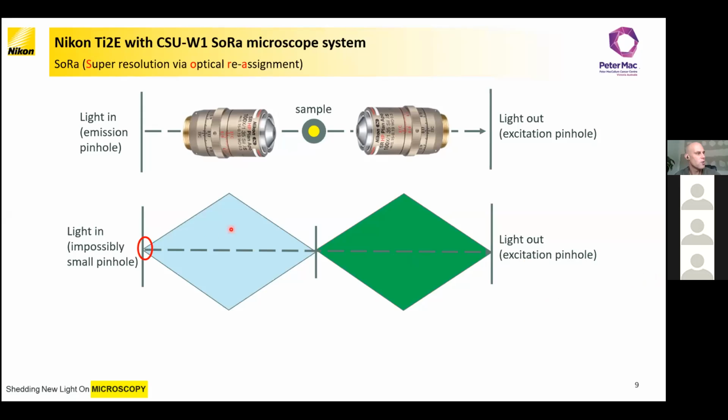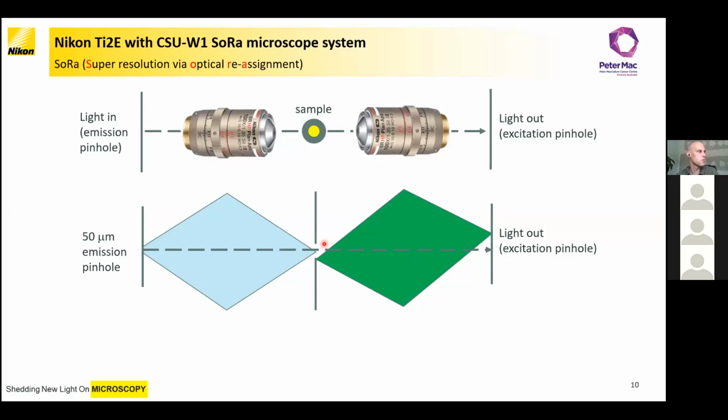Unfortunately, with the perfect scenario, because this is infinitesimally small, the light budget available to image your sample is also infinitesimally small. So this is not a practical reality in the real world. So what we tend to do is have an emission pinhole of a finite size. In this case, we've used a 50 micron emission pinhole.